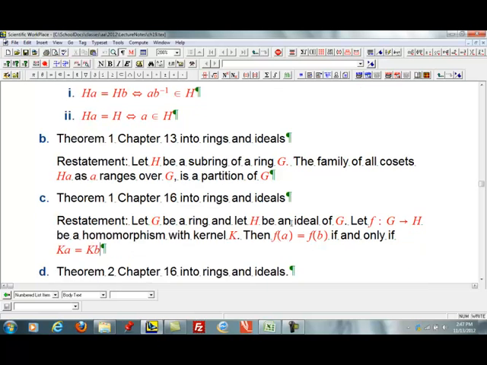Ka equals Kb. We're actually going to need that for one of our theorems that we're going to finish proving that they didn't actually finish proving.